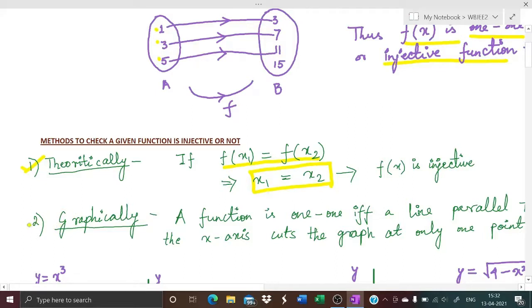Second method is the graphical method. If you can draw the graph of the function, then it's always the fastest method.